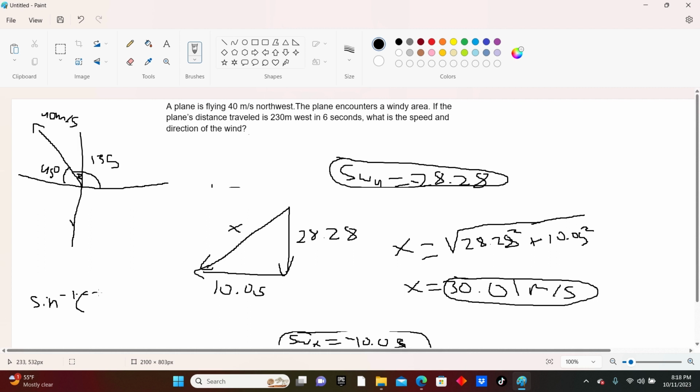So negative 28.28 over the hypotenuse of 30.01. If you plug this into a calculator, you should get a value of about negative 70.45.